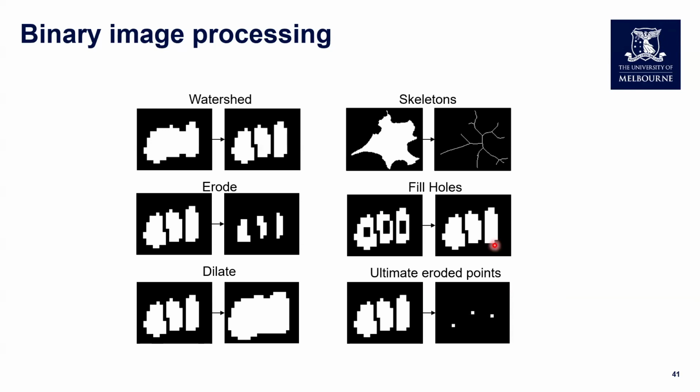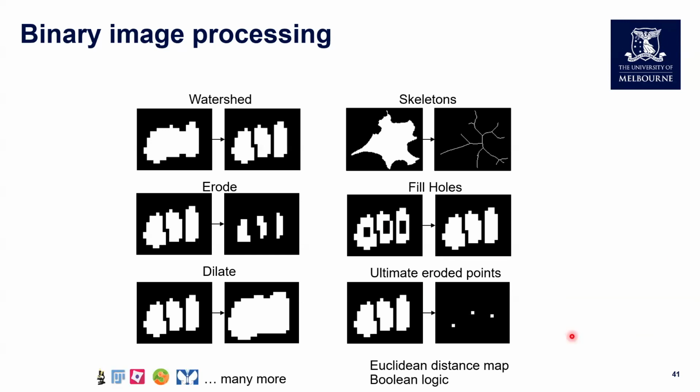Of course, there are many more processes, such as the Euclidean distance map and Boolean logic operations. And all of these morphological operations on binary images are very basic processing tools like image filters, so they're available in most image analysis software. And I will cover some of these processes and how they can be used in a later part of my talk.